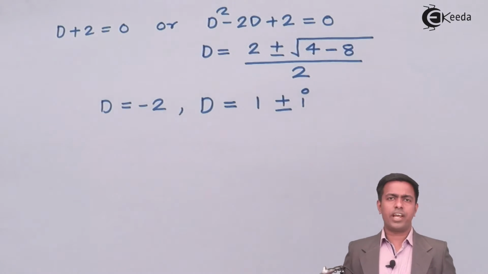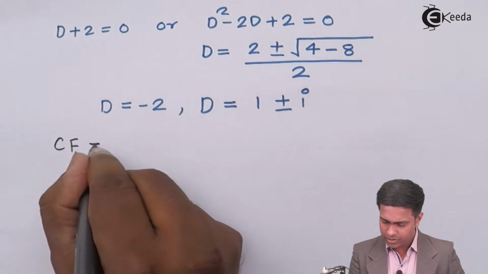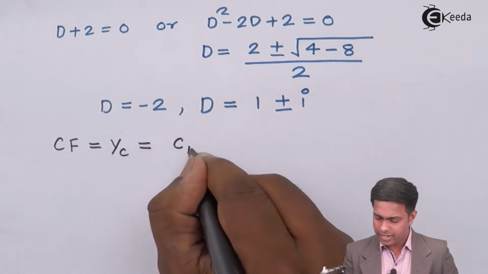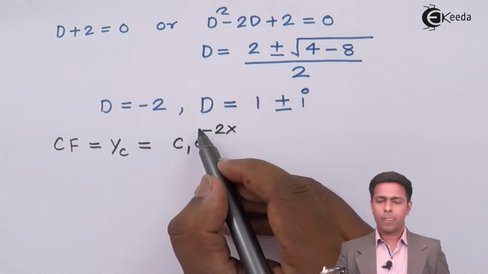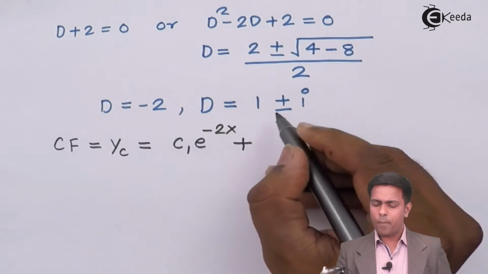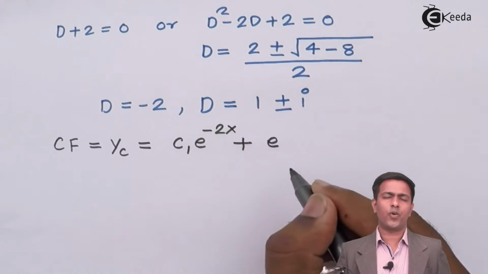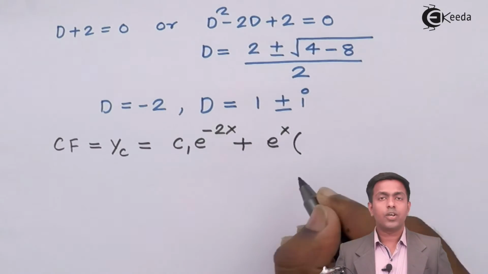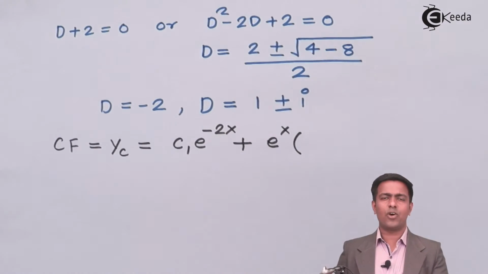So let's find out the complementary function for this. The complementary function, which is yc, is given by c1 e to the power minus 2x. So here we have written the real root. Now for the complex root, we write the real part as a power of e, so that is e to the power x, and in the bracket we write the imaginary term as an angle of cos and sine.